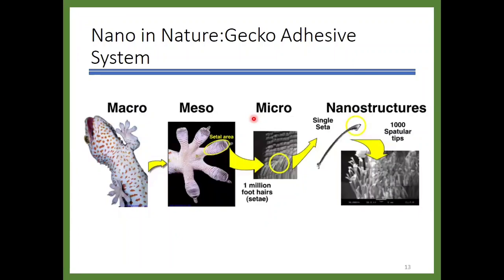I think you are familiar with this. We have geckos in almost every house in Sri Lanka. I think you have seen them running up vertical walls. They do not fall, right? They have the perfect grip with the wall.